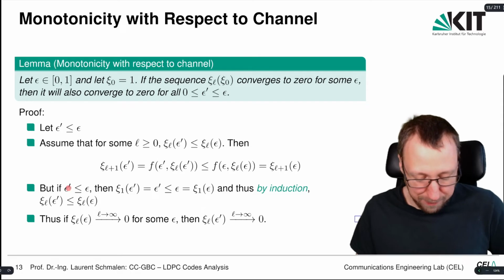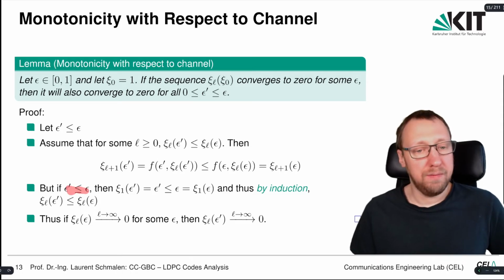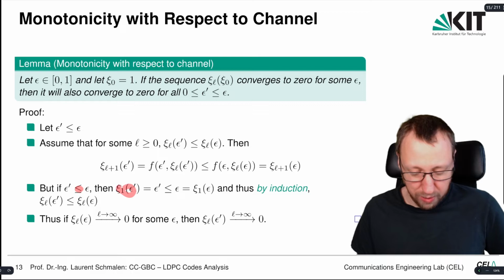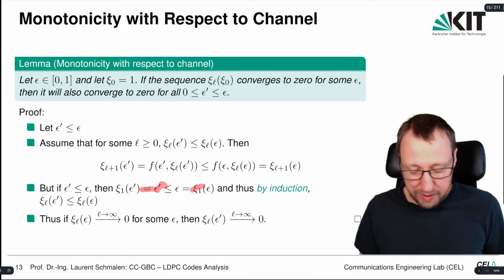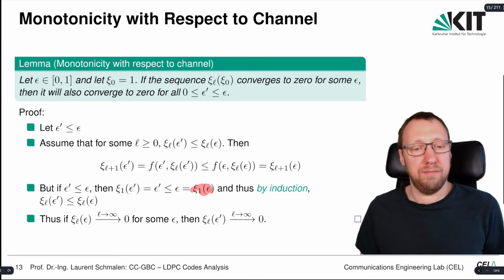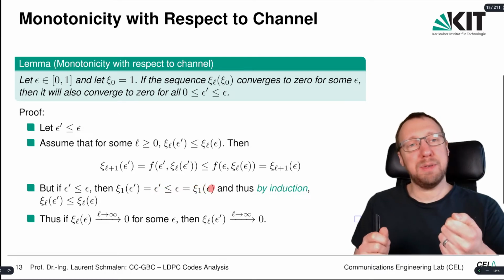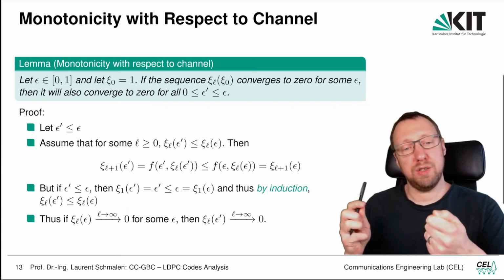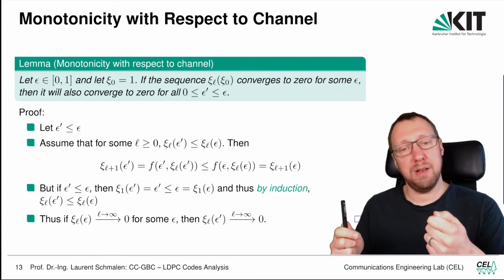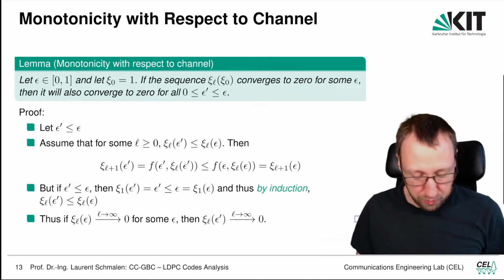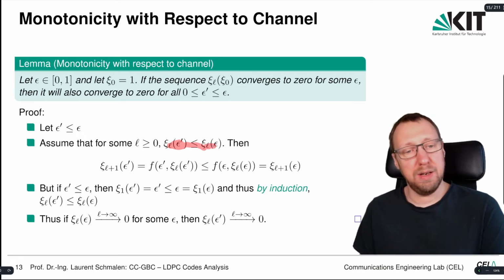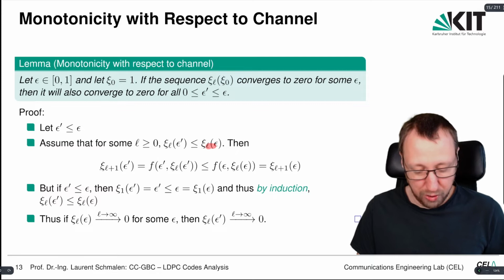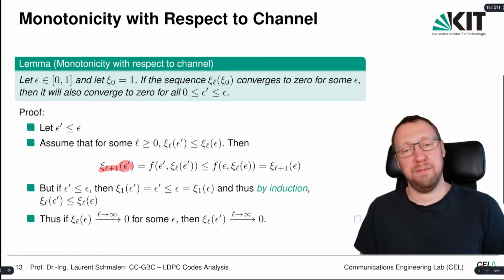And because epsilon prime is smaller or equal than epsilon, we start with C_1 of epsilon prime, which is smaller than C_1 of epsilon. We show that C_1 when we start with epsilon prime is smaller or equal than C_1 when we start with epsilon. And we have shown that if C_L of epsilon prime is smaller or equal than C_L of epsilon, then the same is also true for C_{L+1}.